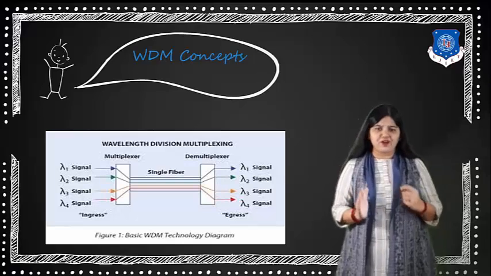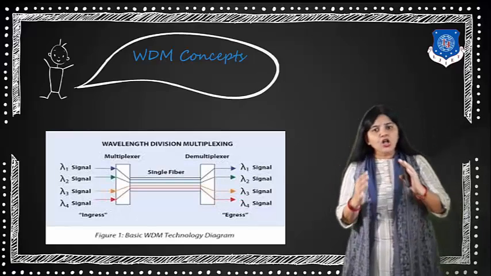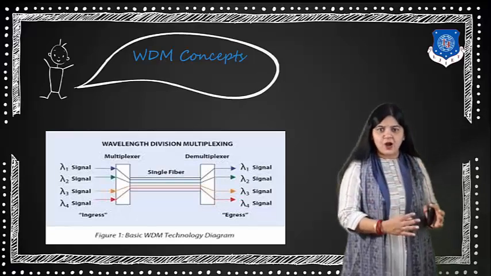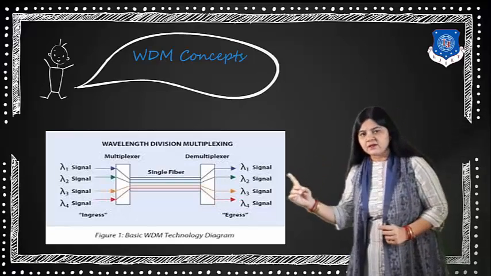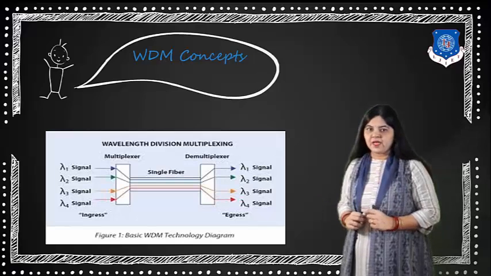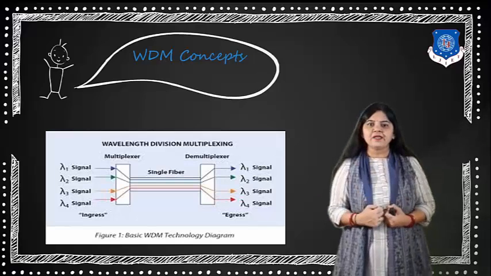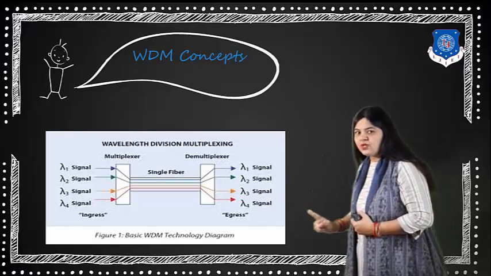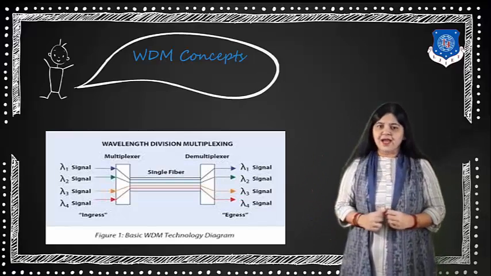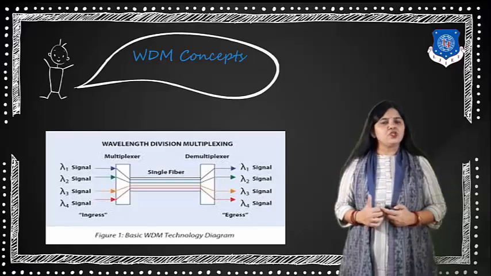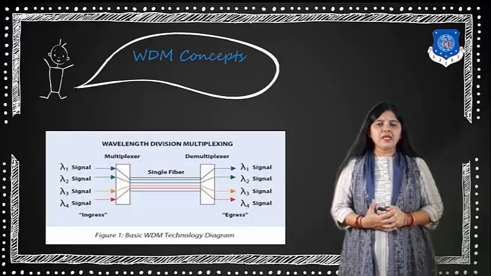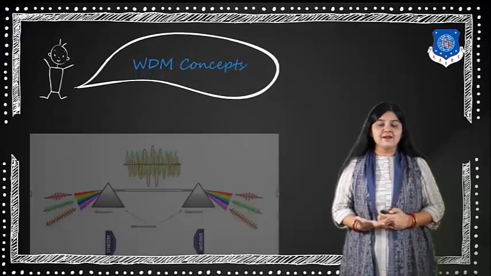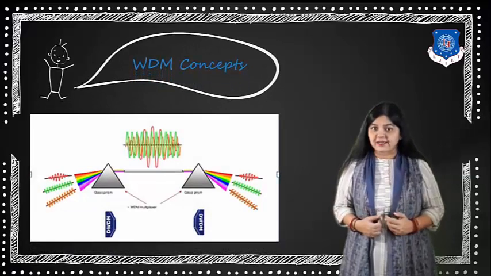The single fiber can carry all the different wavelengths, which can be separated out at the other end by the demultiplexer, and we have lambda 1, lambda 2, lambda 3 and lambda 4 at the output end. This way the WDM concept can be used for using the bandwidth efficiently.